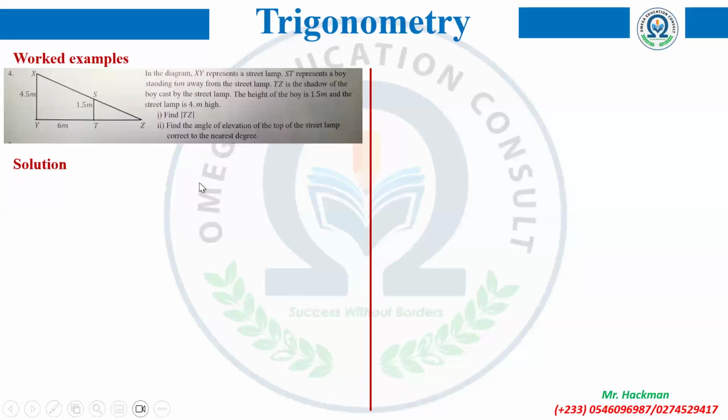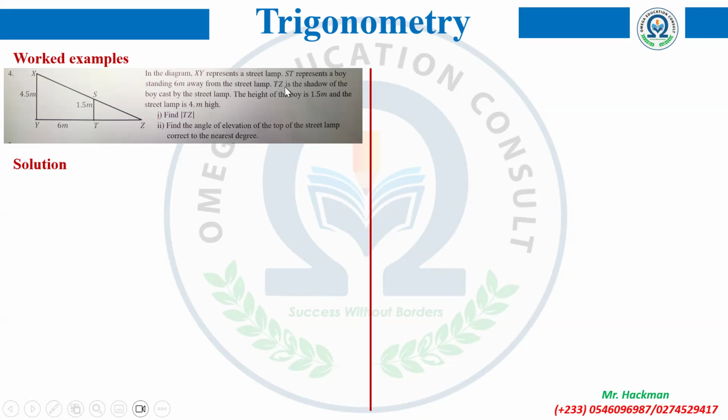Let's read this particular question and see whether there is something that we need to add. In the diagram, XY represents a street lamp. So this is the street lamp. ST represents a boy standing 6 meters away from the street lamp. So this is the boy, 6 meters away. You can see the distance.